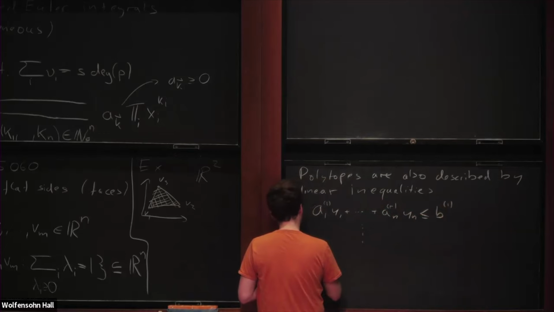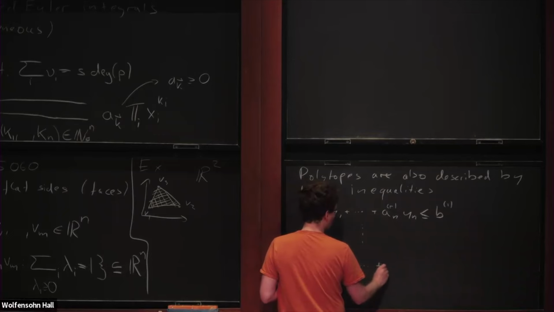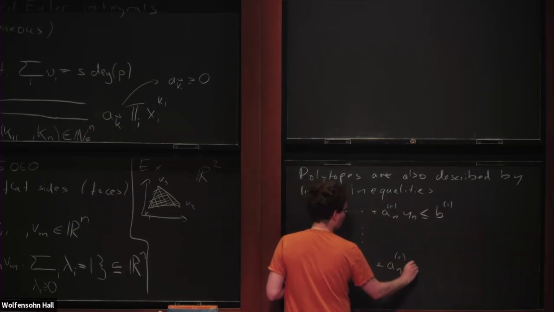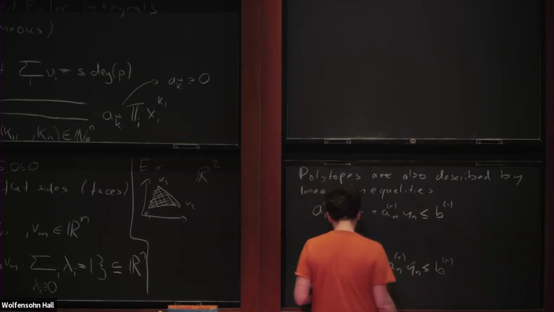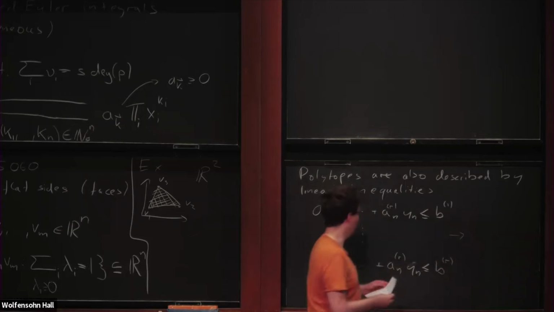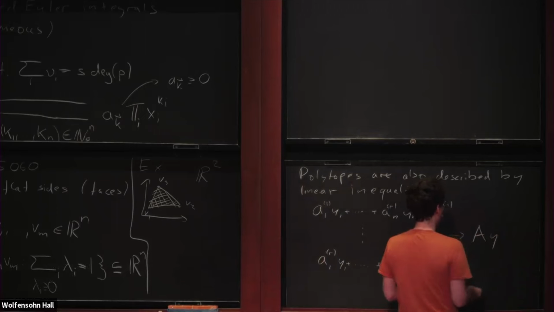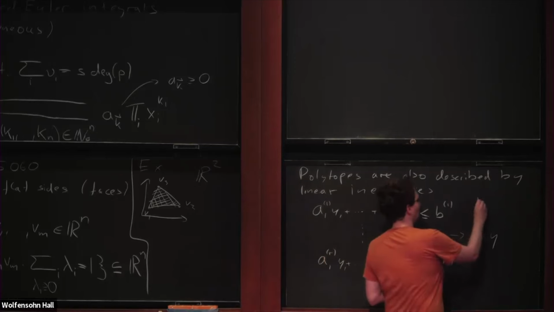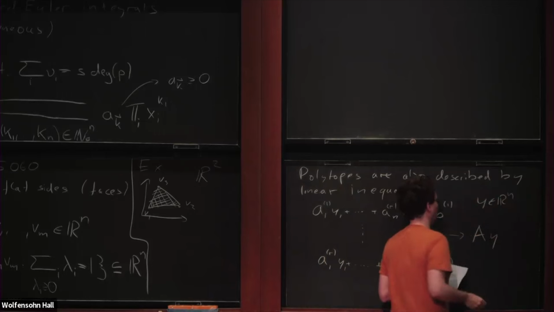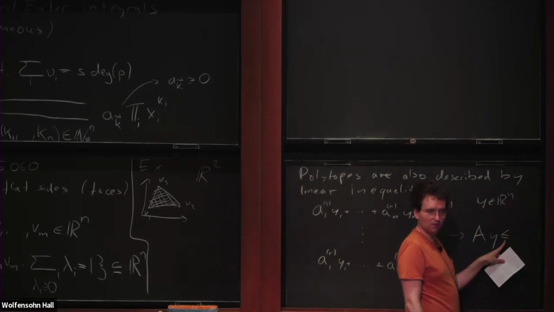And we have many of these equations indexed by coefficients A and B. And so this is like a matrix equation, of course, and the short form is to say that we are multiplying y, which is some vector in Rn, with some matrix A, and this inequality is set up coefficient-wise.